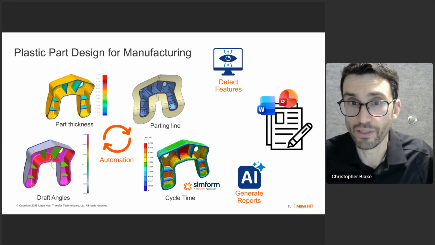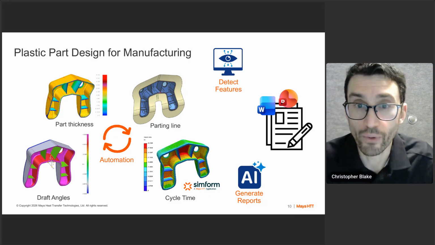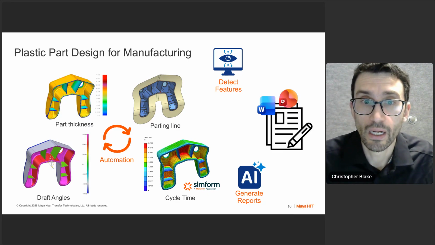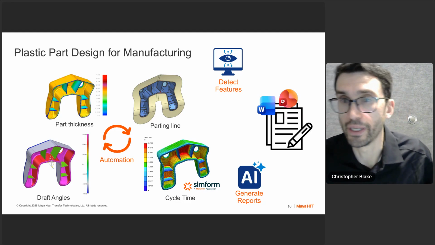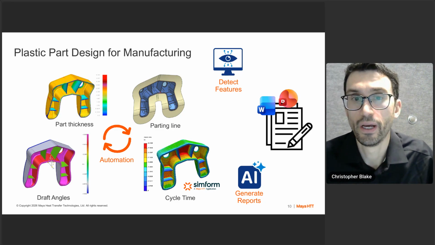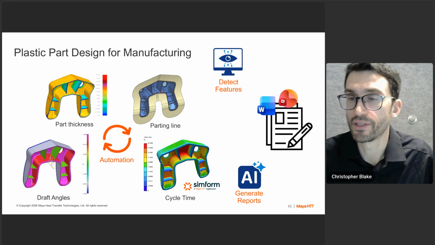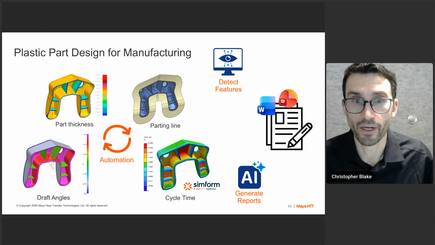The software that we developed, SimForm, is one of those tools that you can use to evaluate cycle time. Our company is actually also working with a mold maker in Quebec City to automate their DFM process, thus removing some of the steps or the bottlenecks in the preliminary tooling design phase.